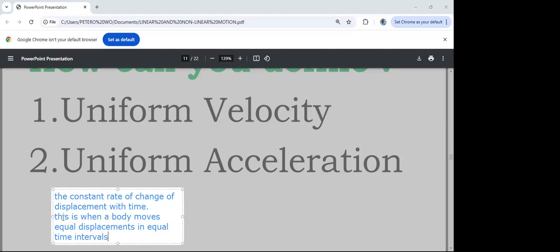So those are the definitions that we have for uniform velocity.